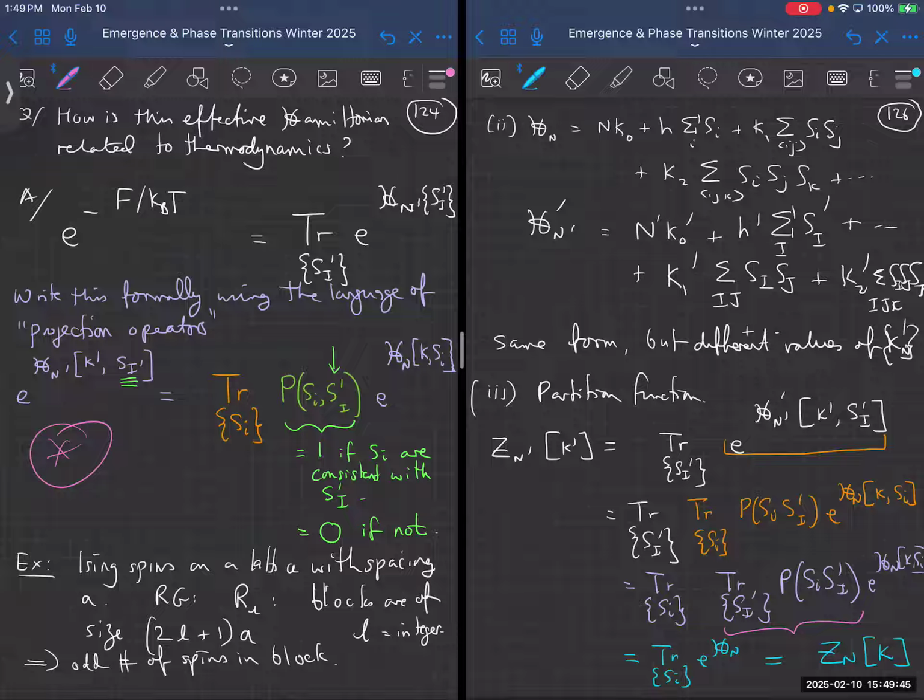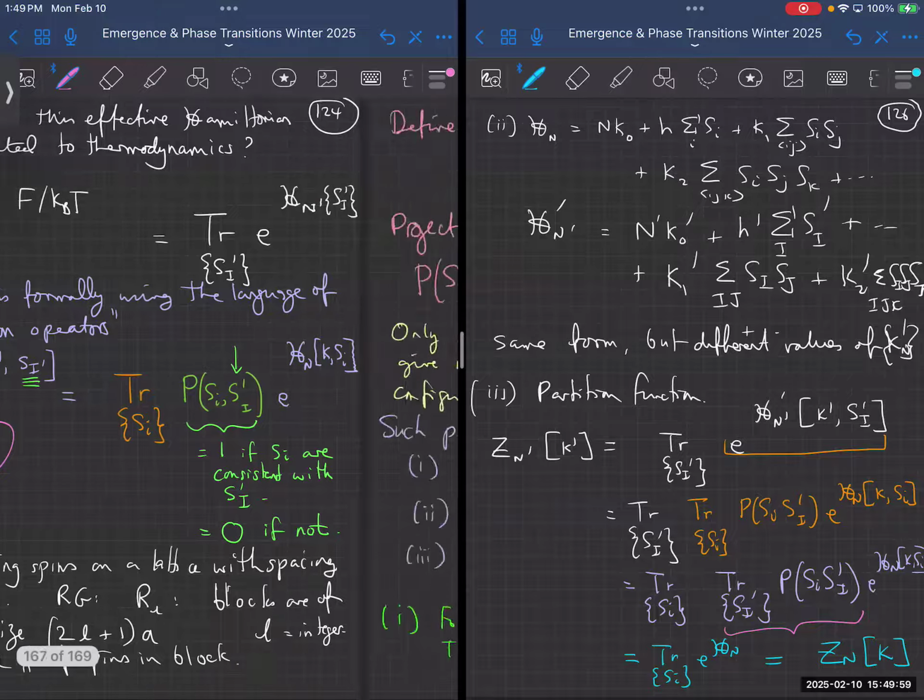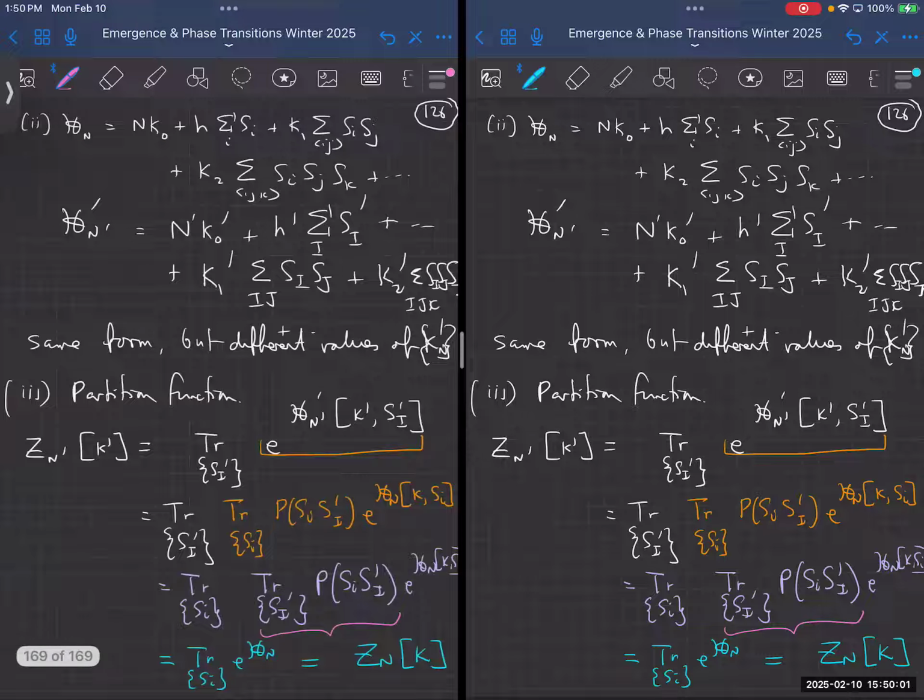So all we've done in the renormalization group is, instead of summing over all the degrees of freedom at once, we first summed over small numbers of them, and then we summed over small numbers of those new variables. So we've done an iteration of successively integrating out degrees of freedom, but at the end of the day, each configuration of the system will have been counted exactly once.